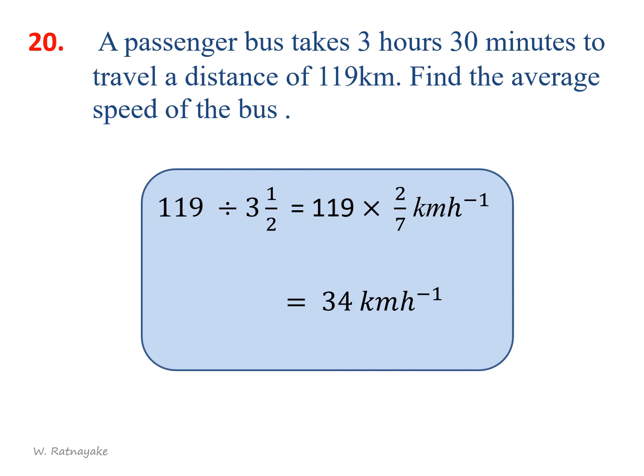So what we did here is we took the distance traveled in kilometers divided by time taken. We have written it in hours only as 3.5 hours, and we use the method of dividing by fractions or mixed numbers to get the answer and simplify it. So it is 34 kilometers per hour.